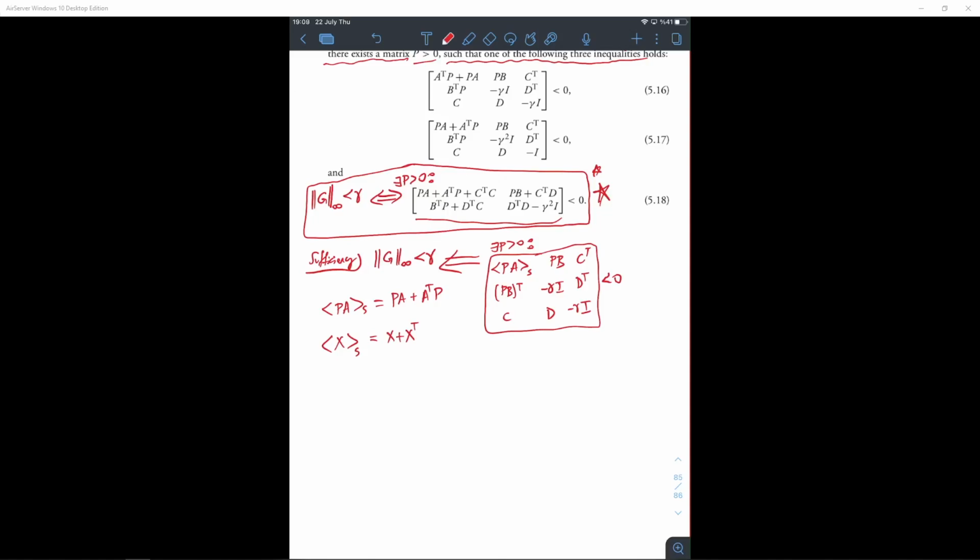And also, I want to say this: the transpose of AB is B transpose A transpose. Okay.